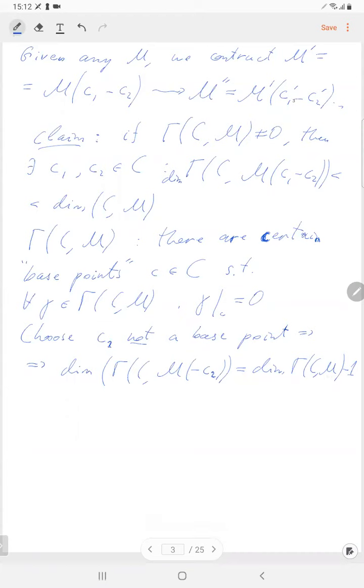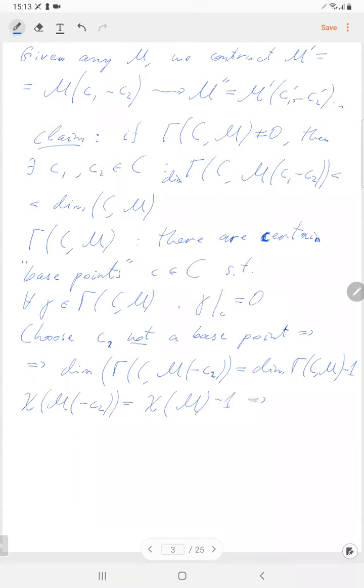Fine, but the Euler characteristic of M of minus C2 is the Euler characteristic of M minus 1.